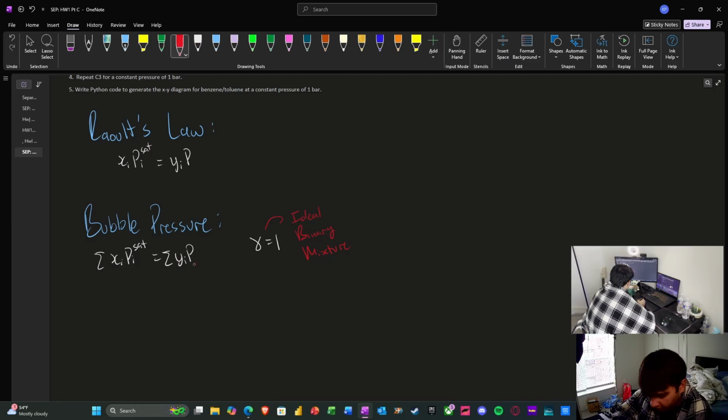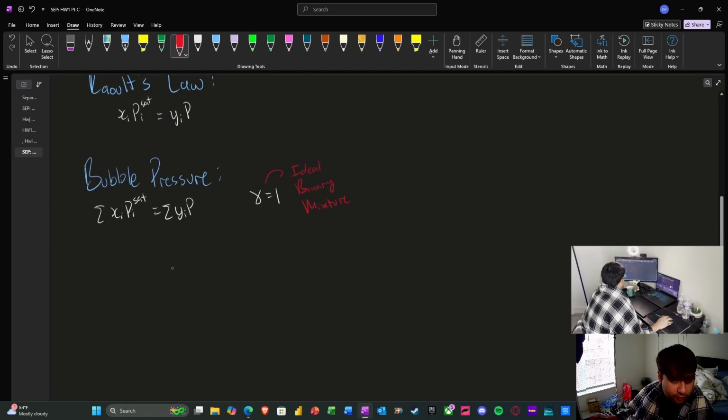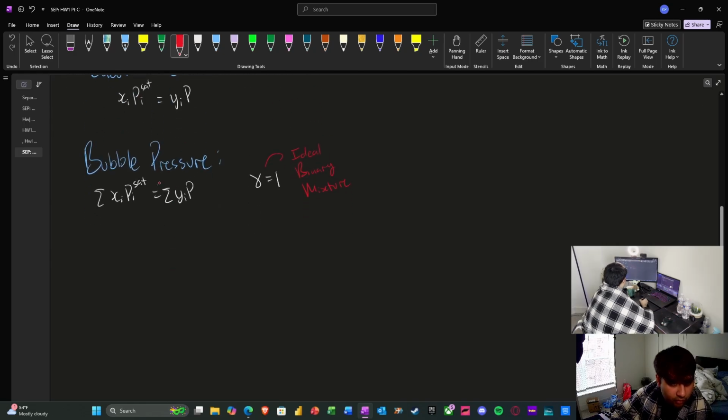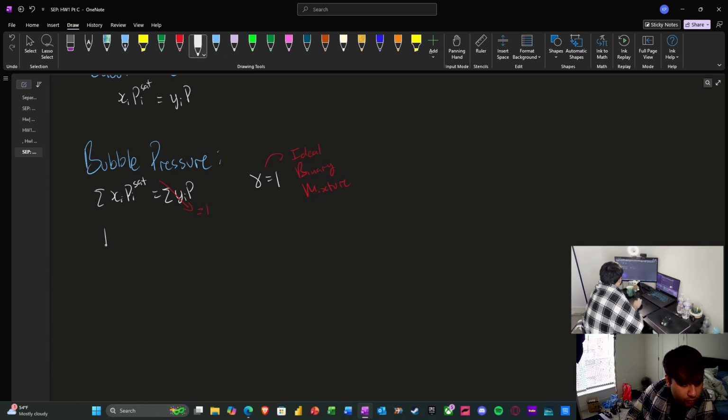However, for the case of bubble pressure, if we do the sums, our summation of our vapor composition equals 1. So this kind of makes it a little bit easier to solve.